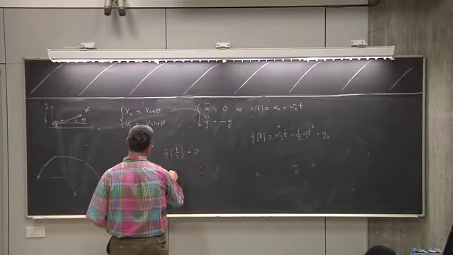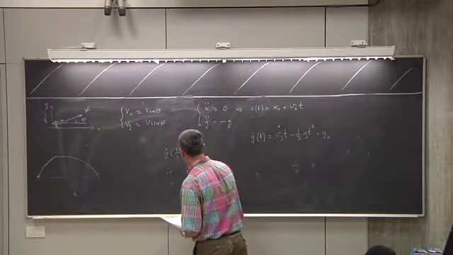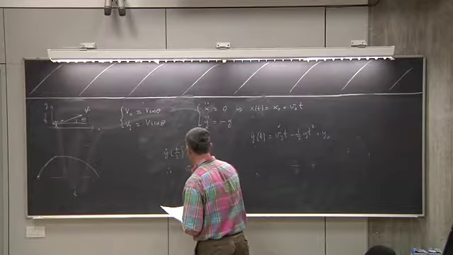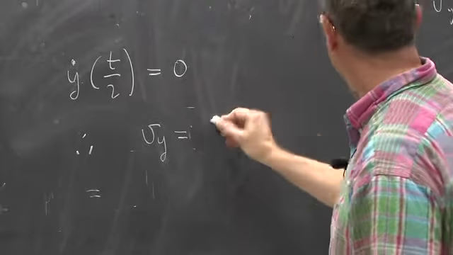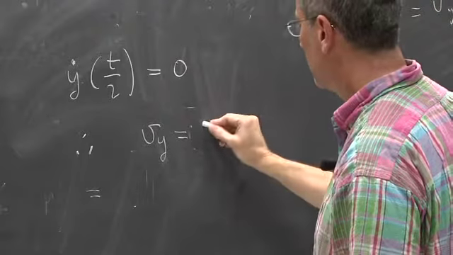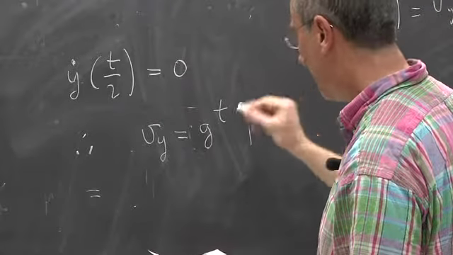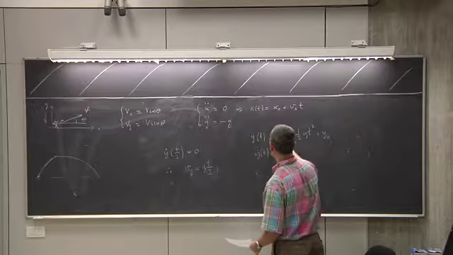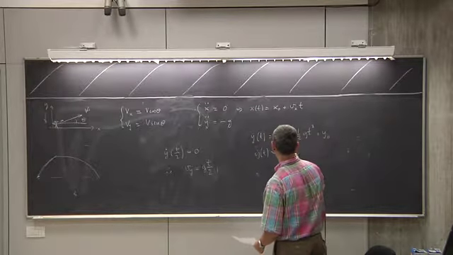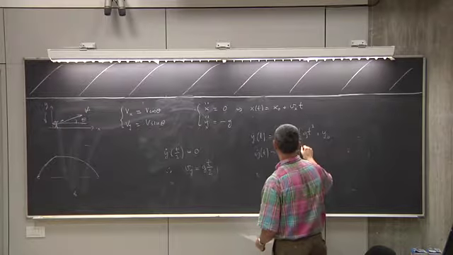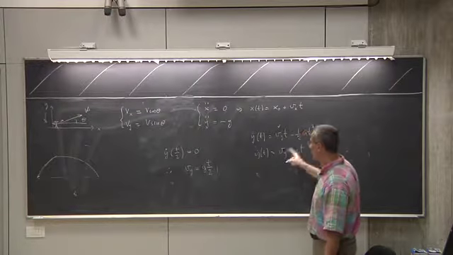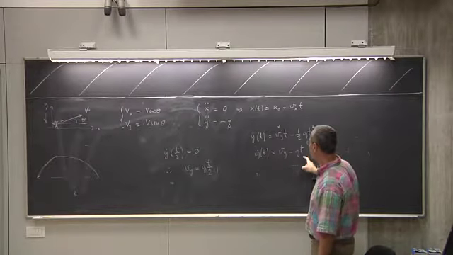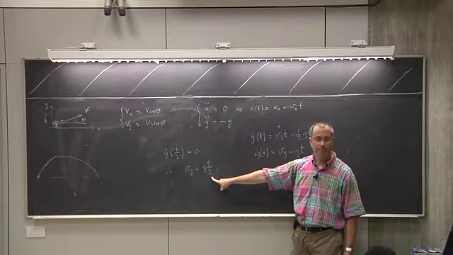So Vy is equal to g t half. y dot of t is just Vy minus gt, right? So if I put t half, and this must be equal to 0, I get this.